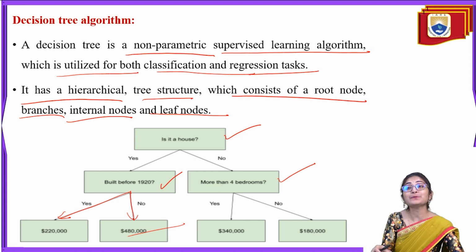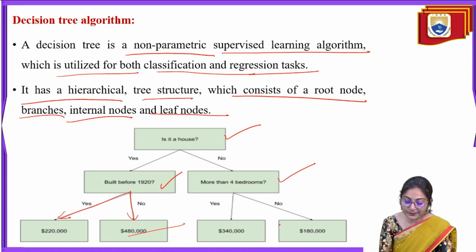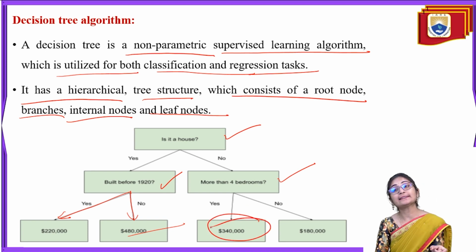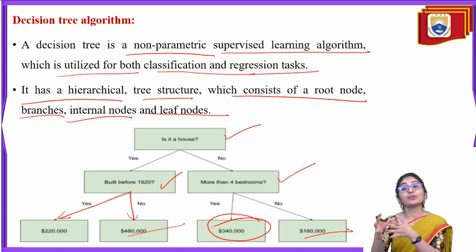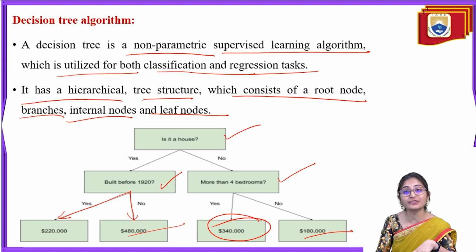And if it has more than 4 bedrooms, again there are two possible answers, one is yes and another is no. And if yes, then what is the cost? $340,000, and if your answer is no, then $180,000. So this is the decision tree.